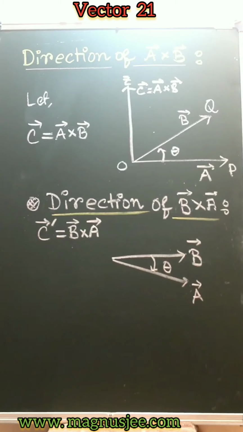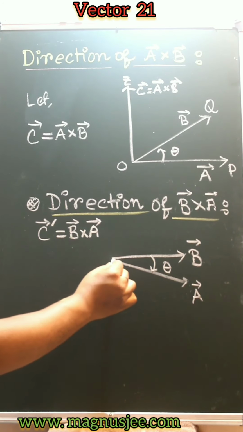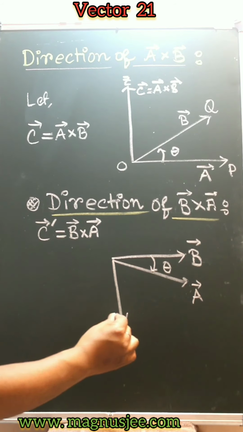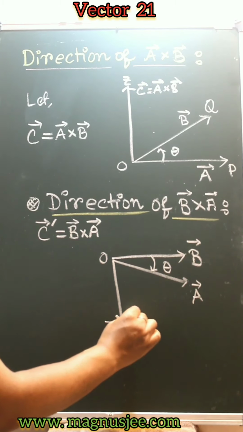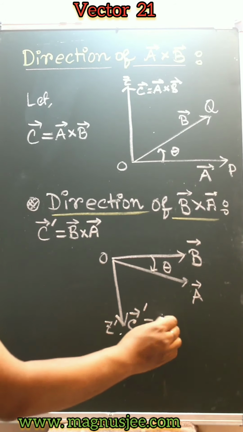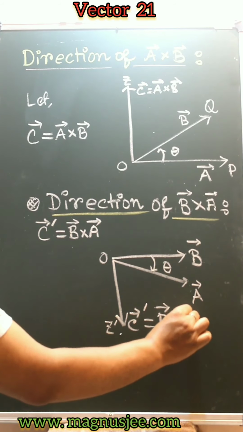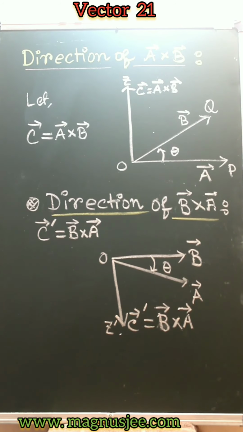And here in this diagram, vector C prime equals vector B cross vector A. We can assume that vector A and vector B exist in a horizontal plane, and along the OZ direction vector C prime, that is vector B cross A, will act in the vertically downward direction, whereas vector A and vector B act in the horizontal plane.